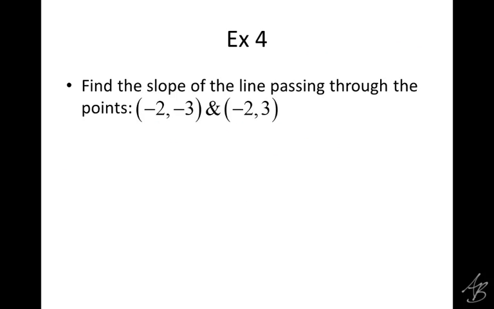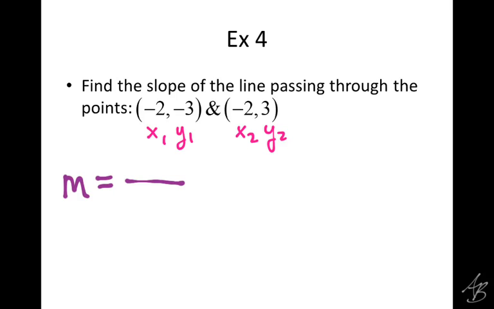All right, next one. Go ahead and give this one a try on your own. I'm going to start again by labeling the coordinates here. We've got x1, y1, and x2, y2. I do that so it's easy to see what goes into the formula where. So we've got m equals, I'll start with y2.